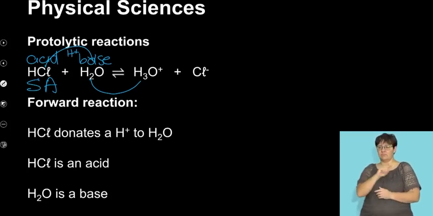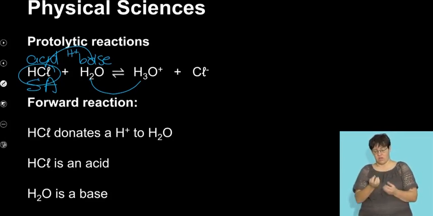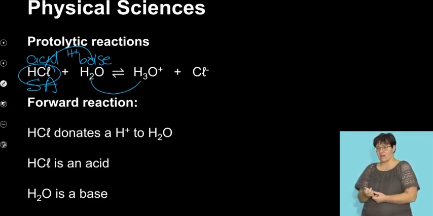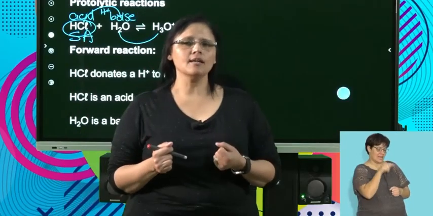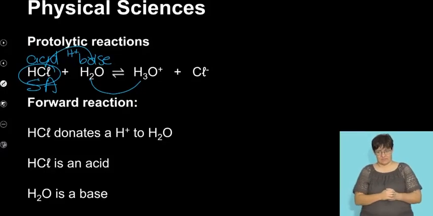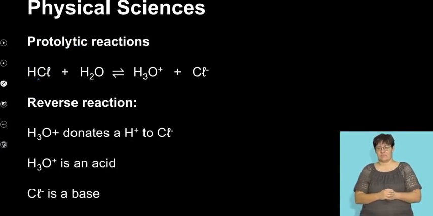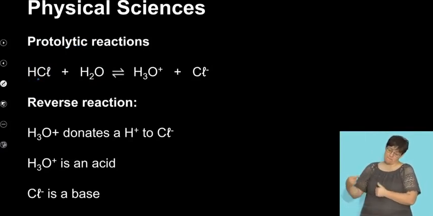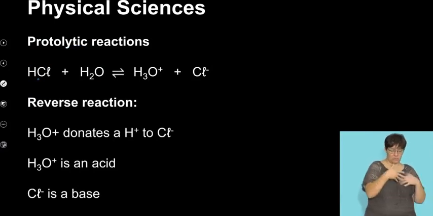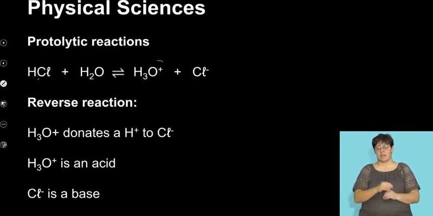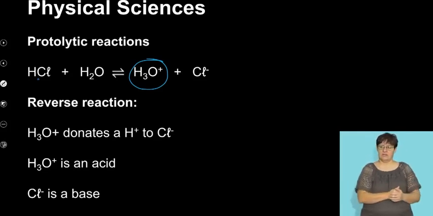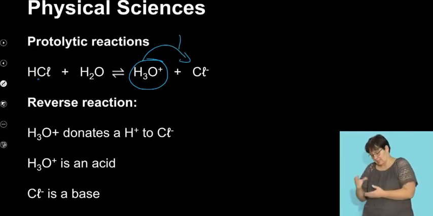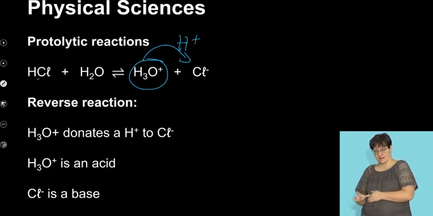Because hydrochloric acid transfers or gives the proton, it's the acid, and because water accepts the proton, water is the base. So if we look at the reverse reaction, the hydronium ion will give the proton to the chloride ion.